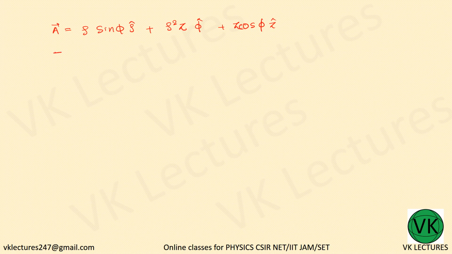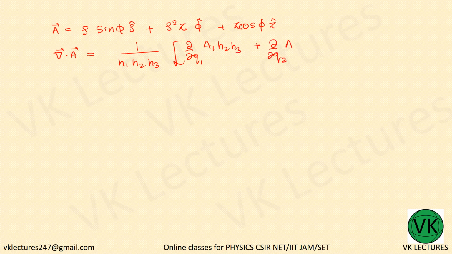Del dot A. So del dot A is equal to, in general, 1 by h1 h2 h3 times dou by dou q1 of a1 h2 h3 plus dou by dou q2 of a2 h1 h3 plus dou by dou q3 of a3 h1 h2.